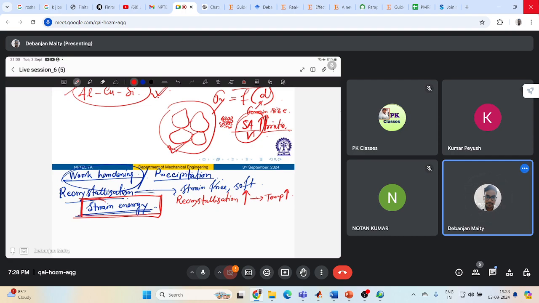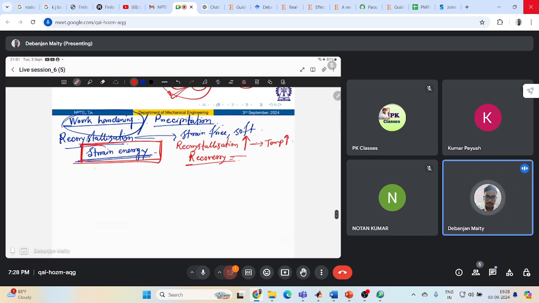Exactly. In fact, before recrystallization takes place, there is something called recovery. Before recrystallization takes place, there exists a period of time during which certain properties of your work hardened material, for instance electrical conductivity, will tend to recover without causing any microstructural change. This phenomenon is called recovery.